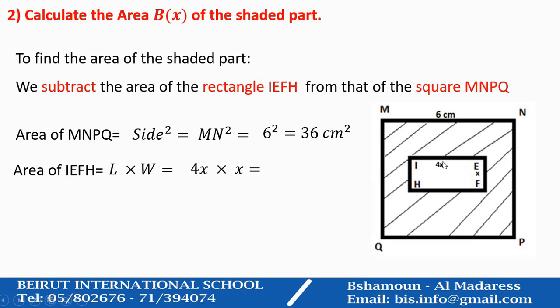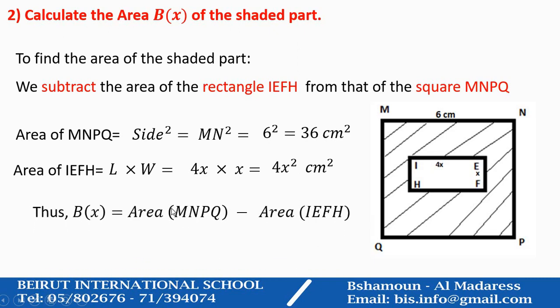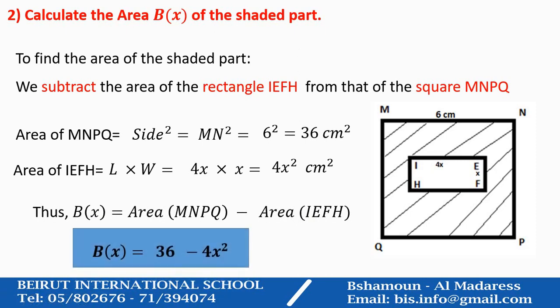Length is 4x given here, and width is x given here. So multiply 4x by x, it will be 4x squared centimeters squared. Now you have the area of the big square, you have the area of the rectangle. If you subtract area of MNPQ minus area of IEFH, you get B of x, which is the area of the shaded part. So B of x will be equal to 36 minus 4x squared.